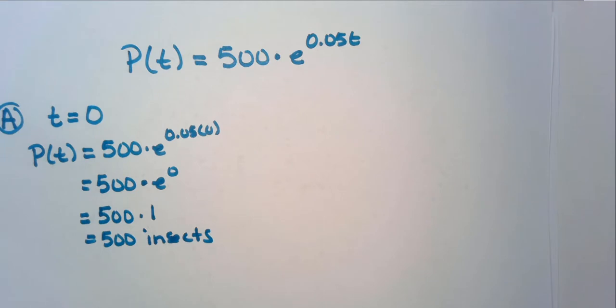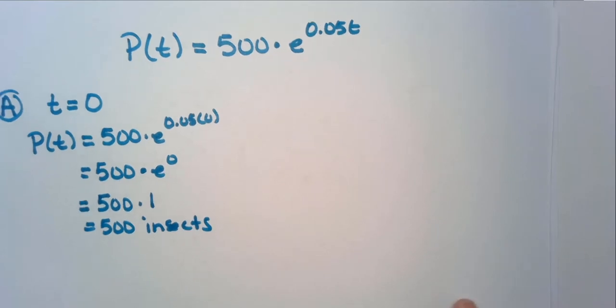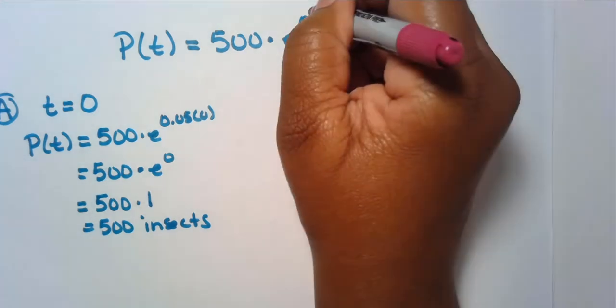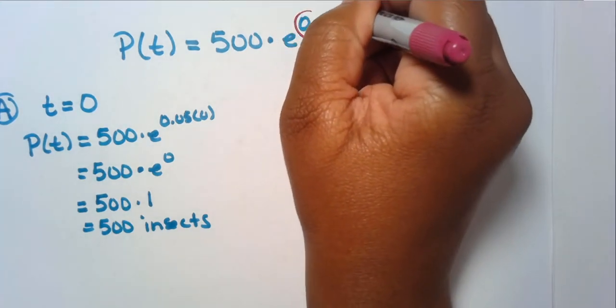Okay. For B, it says, what is the growth rate of the insect population? And in my math lab, it's going to ask you to write your answer as a percent. So we already identified the growth rate. This is our k.